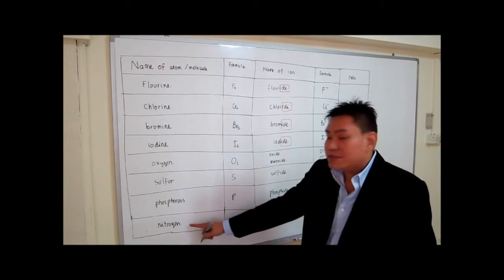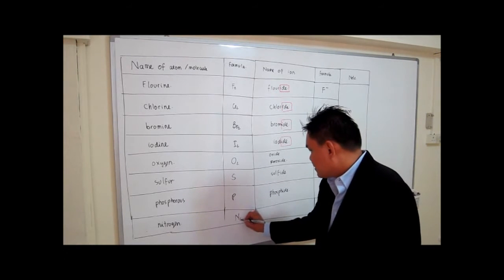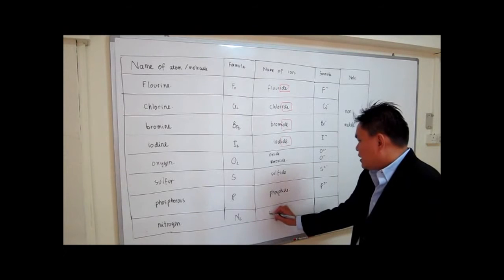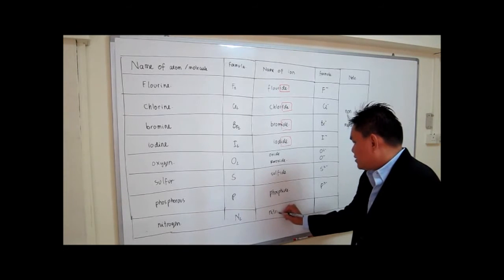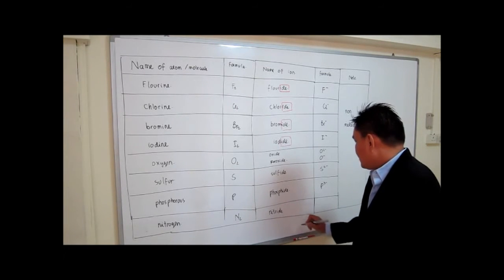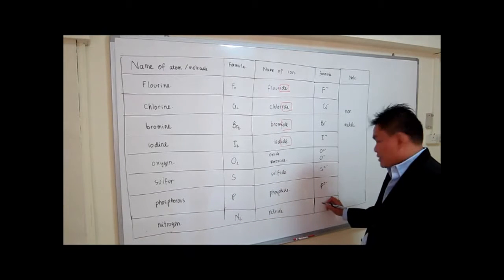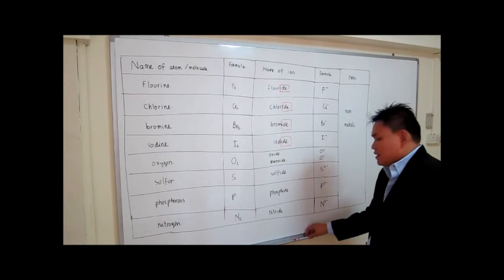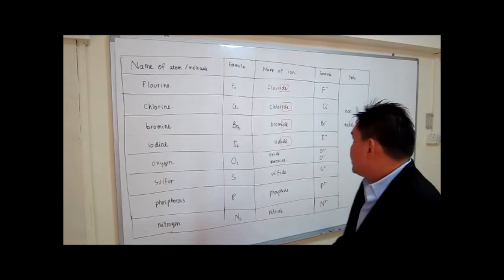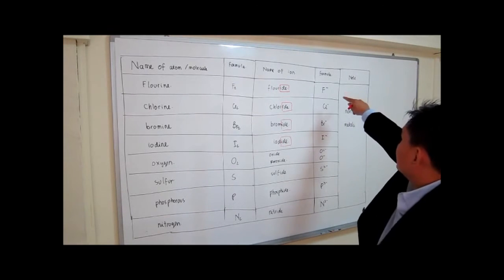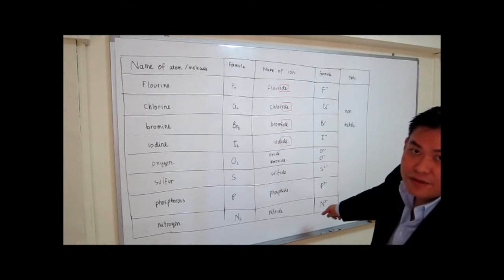Similarly for nitrogen, nitrogen is a diatomic, N2, and the name is nitride. The charge is 3 minus, so the formula of the ion is N3 minus. Remember, when you mention the name of the ions, it's compulsory for you to mention the charge.